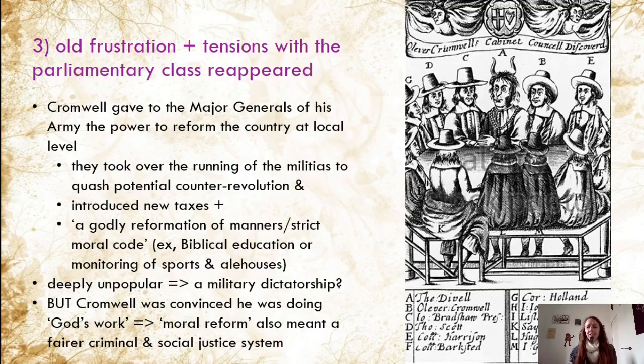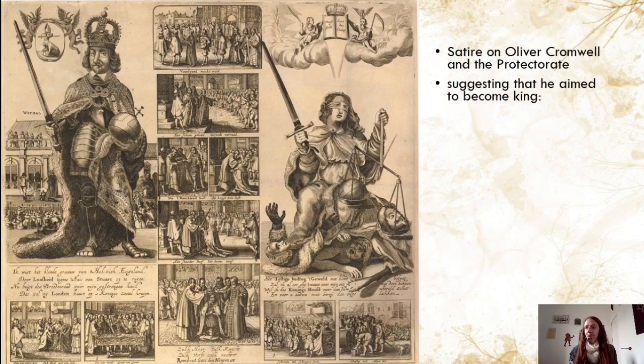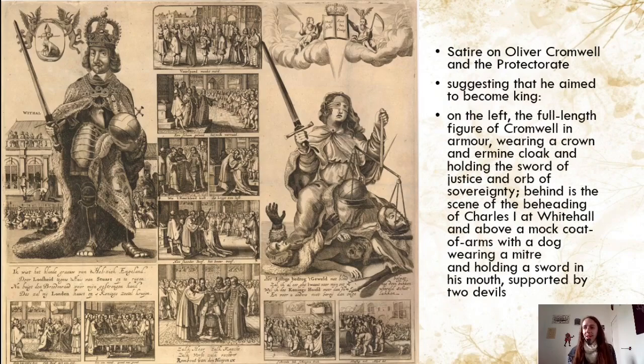But Cromwell himself was convinced that he was doing God's work, and that moral reform meant a fair social system and a fair criminal justice system. You can see a satire on Oliver Cromwell in the Protectorate, suggesting that he aimed to become king, with on the left the full-length figure of Cromwell wearing armour, but also wearing a crown and an ermine cloak and holding the sword of justice.